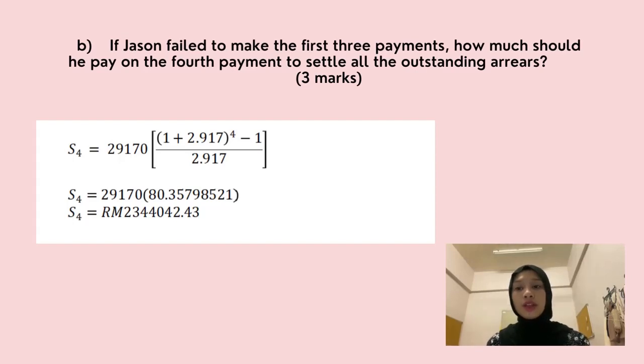In the brackets, you need to solve it first. So the answer is 80.357985 to 1. So this answer should be multiplied with 29,170.